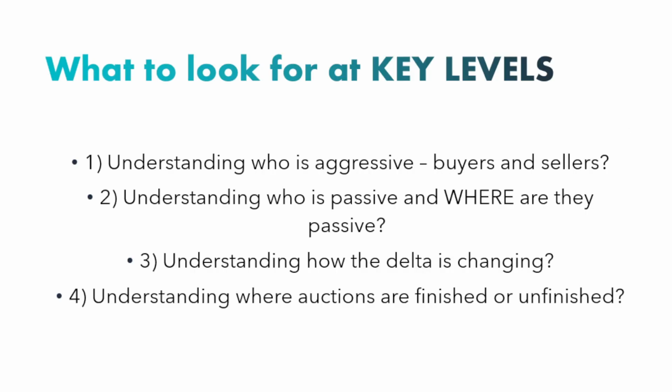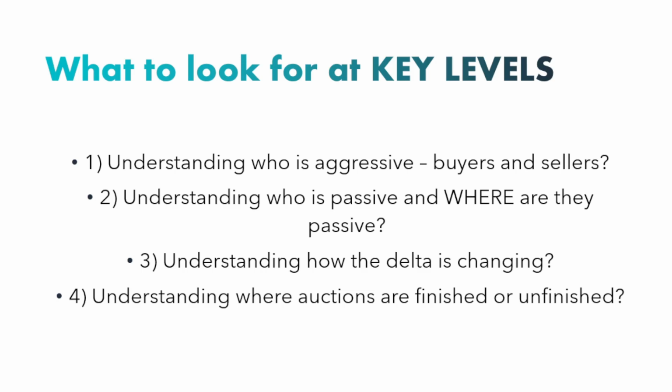So what we look for at key levels is understanding who is aggressive, and number two, who is passive, and where that is happening. Where it's happening refers to the title of the slide, which is at key levels, so areas of supply and demand, right? Once you have your aggressive and passive market participants understood, we then go on to understanding the delta, which does actually explain number one and two as well.